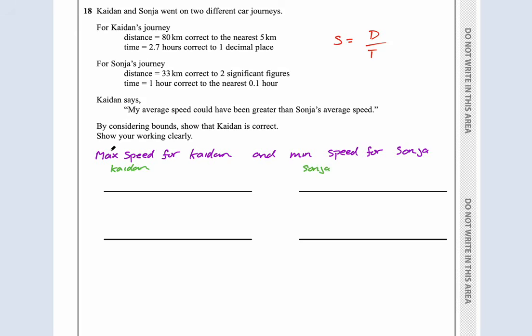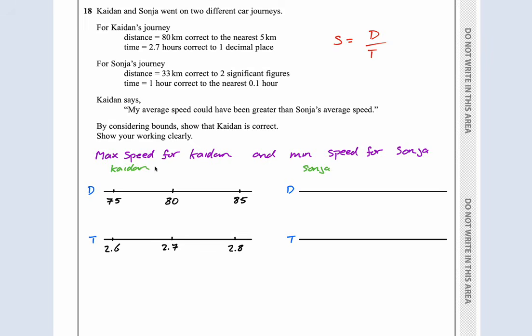This is going to be his distance, this is going to be his time, this is her distance, this is her time. Now he has 80 to the nearest 5, so the next one up is 85 and the next one down is 75. His time is 2.7, the next one up is 2.8, and the next one down is 2.6.